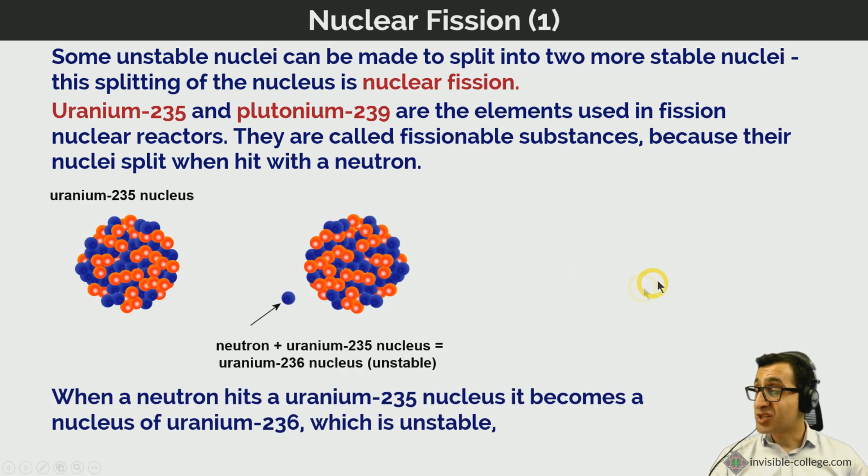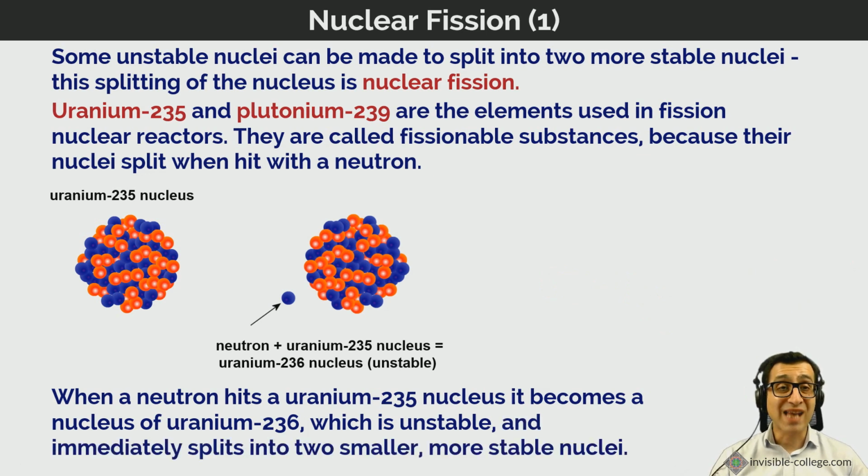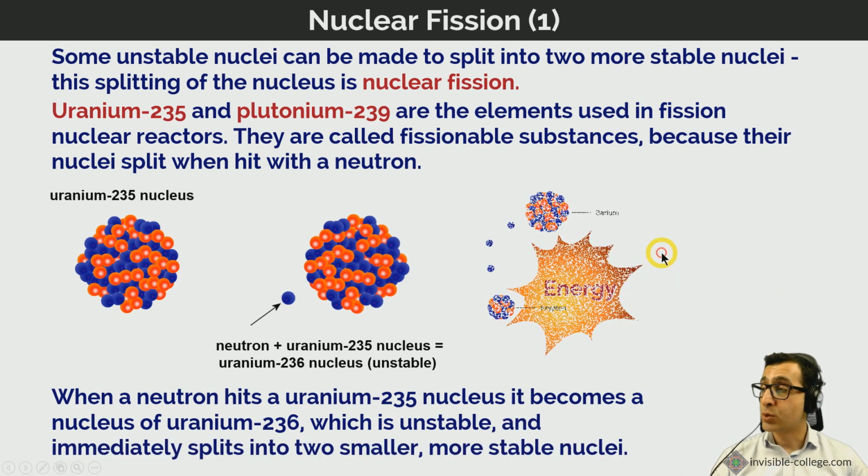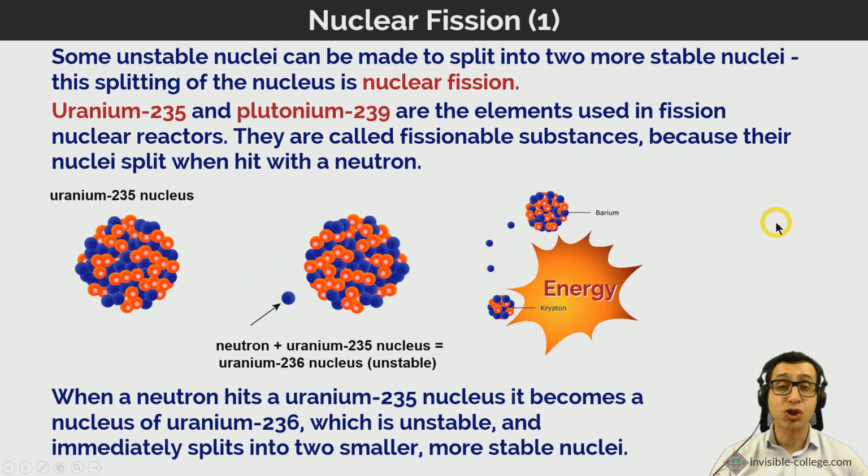Now, this nucleus is so unstable that it immediately splits into 2 smaller, more stable nuclei, and in doing so, it releases large amounts of energy together with 2 or 3 neutrons, which then go whizzing off, which can then, as we'll see, get absorbed by even more uranium-235 nuclei, which can then repeat the process in a nuclear chain reaction.